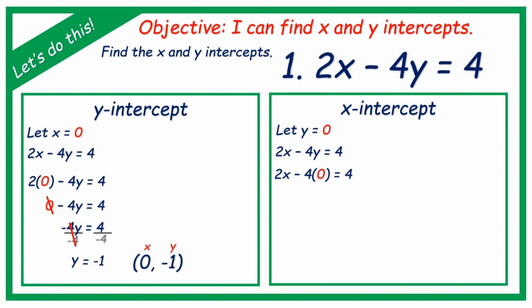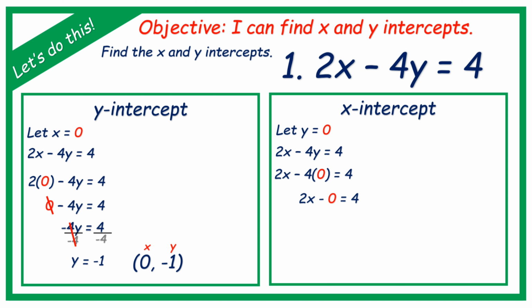What is the next step? Look, 2x minus 0 equals 4. Why? Because 4 times 0 is 0. Another easy step: when you subtract nothing, nothing will change. If you add nothing, nothing will change.